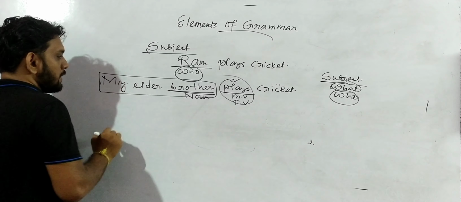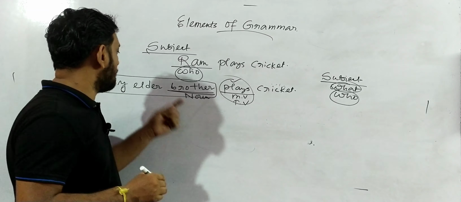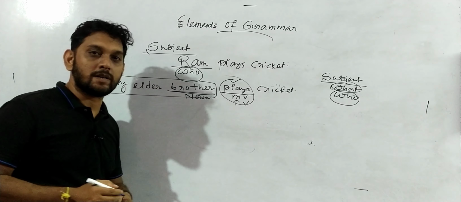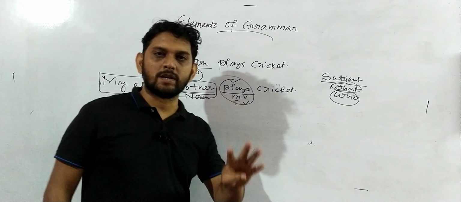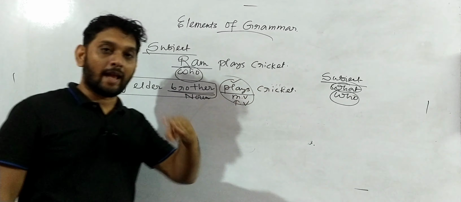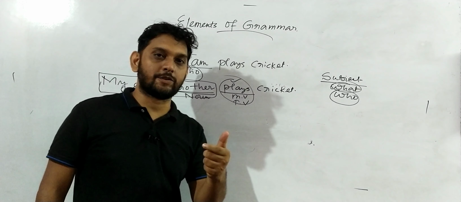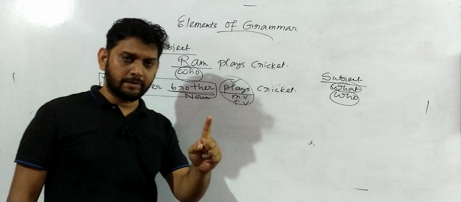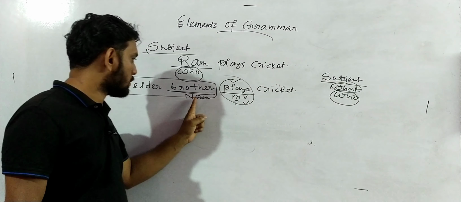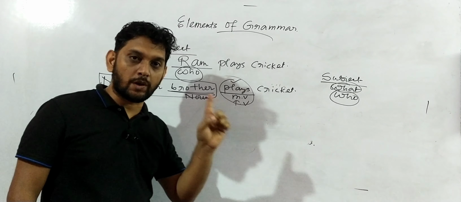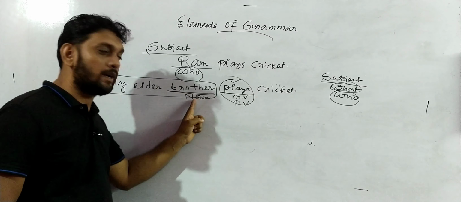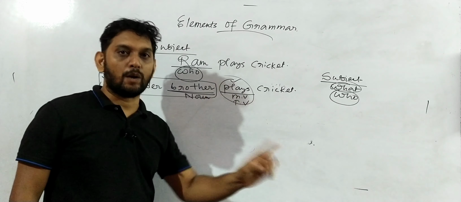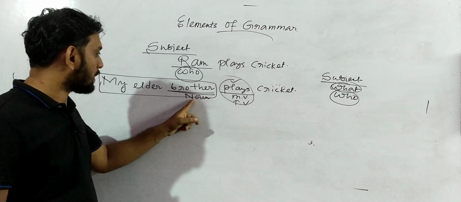If I ask you, in my elder brother, how many words are there? Three words. And out of these three words, if I ask you to find the noun, how can you find it? Always go to the last word. The last word should always be the noun. So here brother is the noun.